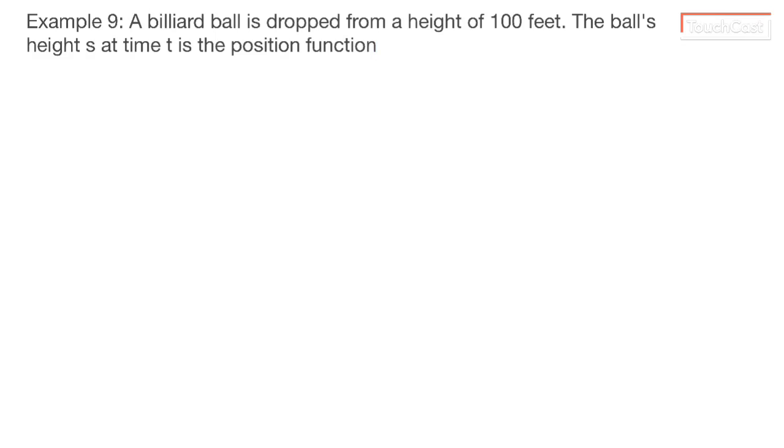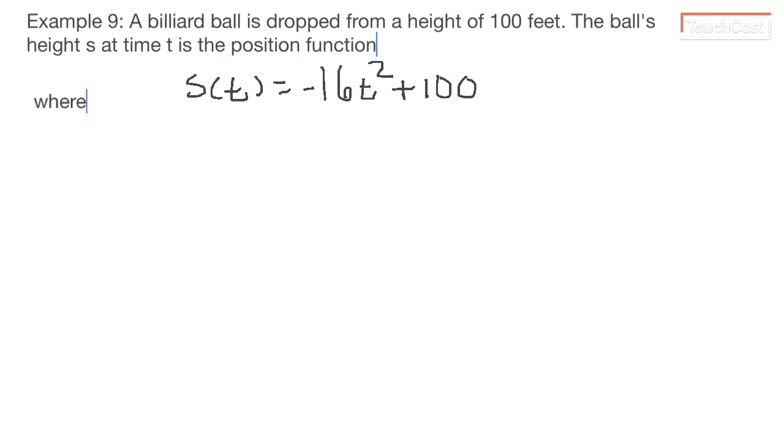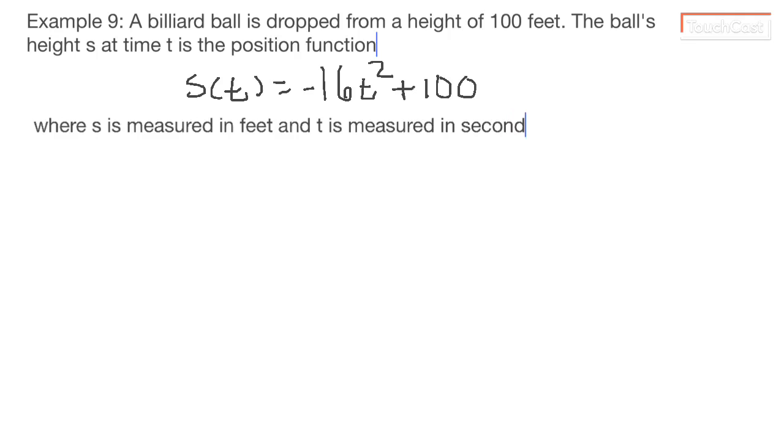S of t is equal to negative 16 t squared plus 100, where S is measured in feet and t is measured in seconds.